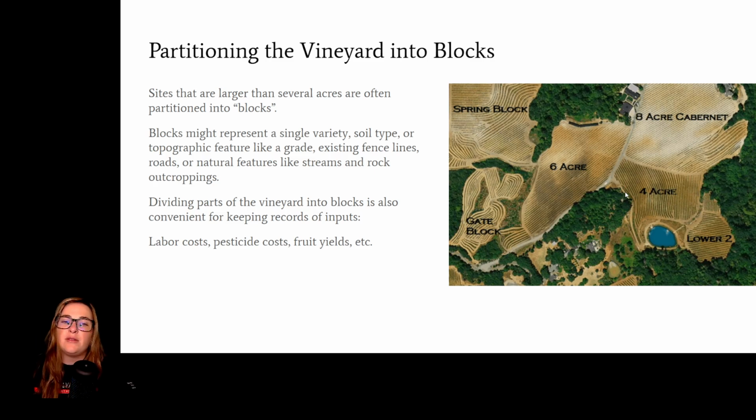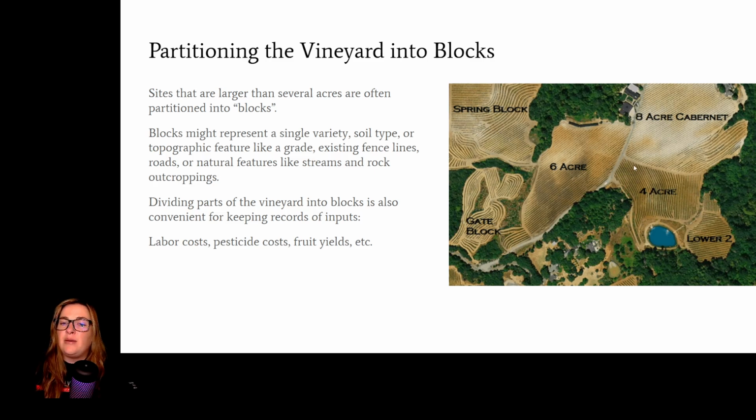So as you can see from this picture, we have different parts of these blocks, and they're all oriented in interesting ways, right? So you can see the 6-acre parcel. This looks like it's mostly on a flat surface, and these are just straight, long rows that go throughout, right? And then you see this 4-acre parcel here. This looks like it's on a slope because of the way that these lines bend upwards, right?